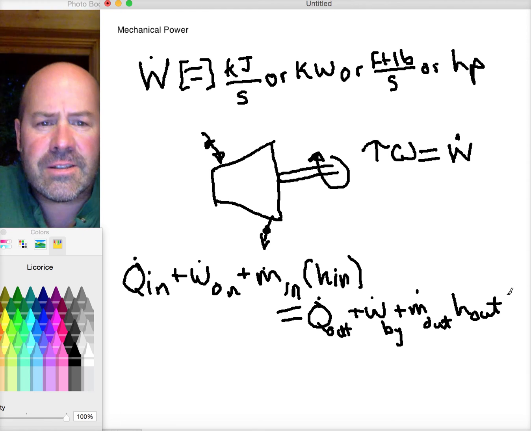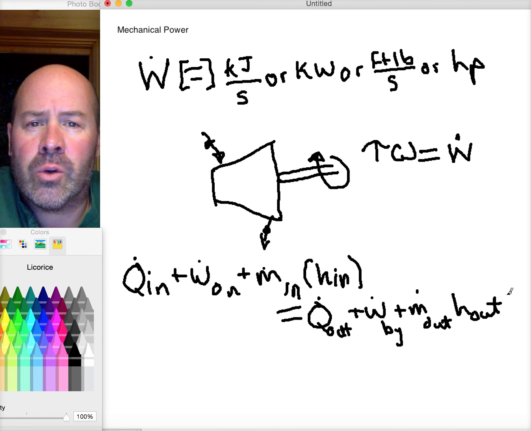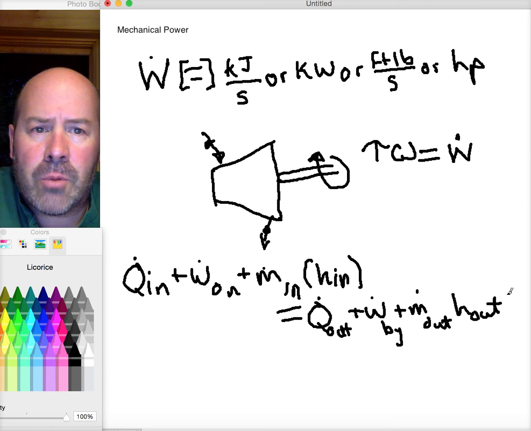So in the case of a turbine, is the steam doing work on the shaft, or is the shaft doing work on the steam? Sometimes this is hard to remember, but I always ask the question, does the steam or fluid have more energy at the beginning or at the end?